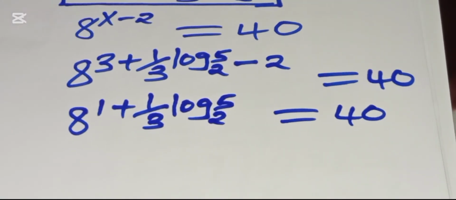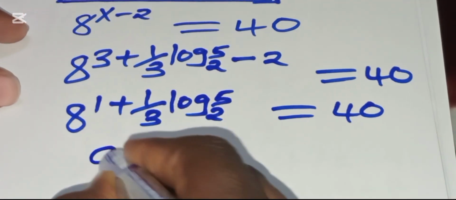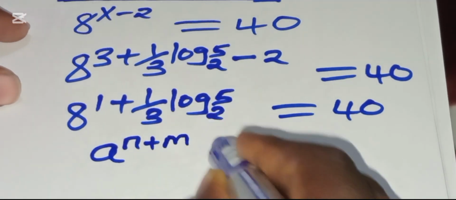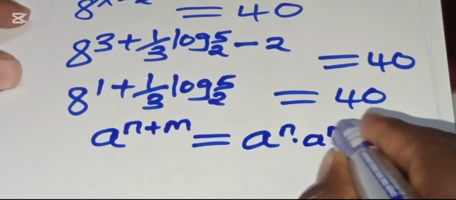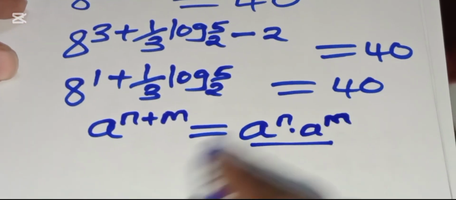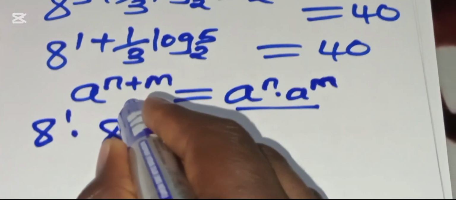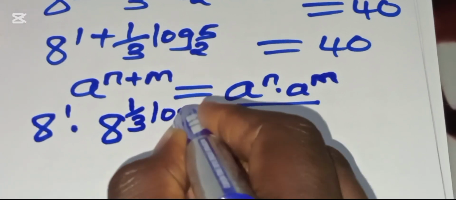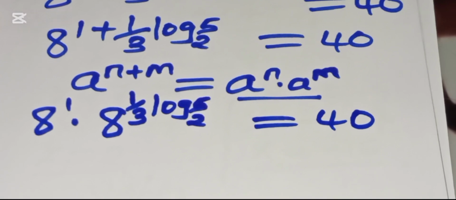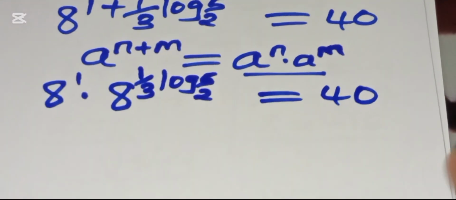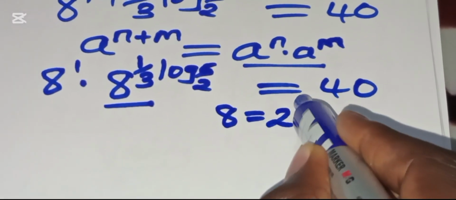Now 8 raised to power 1 plus a third log 5 to base 2 is in the form of a raised to power n plus m, which we can transform to a raised to power n multiplied by a raised to power m. So we have 8 raised to power 1 multiplied by 8 raised to power a third log 5 to base 2. Again, we can express 8 as 2 raised to power 3.